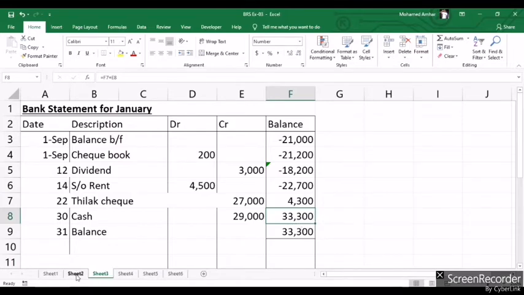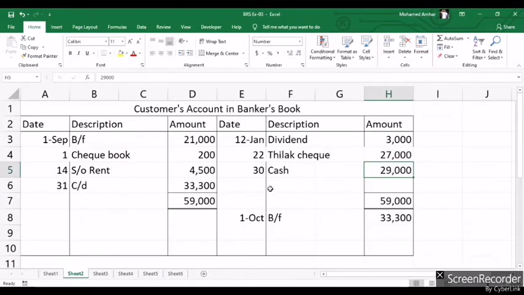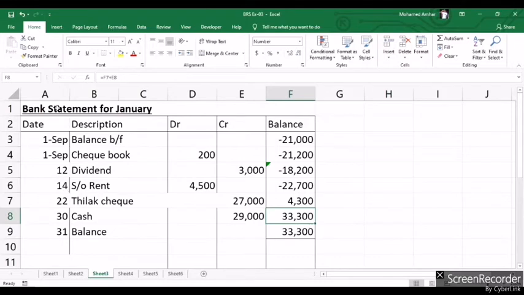After the 30th, there is no other transaction in the bank statement. So the balance is 33,300 on the 31st of the month.